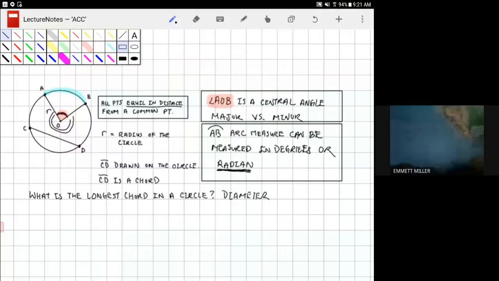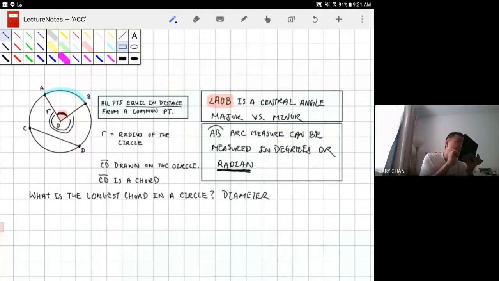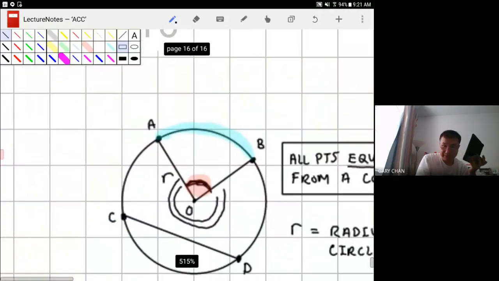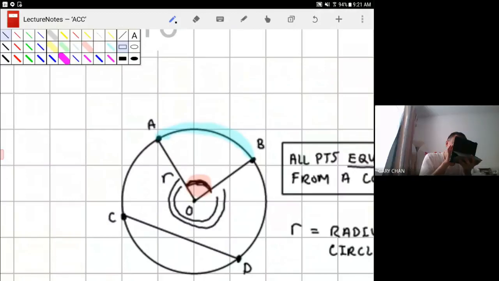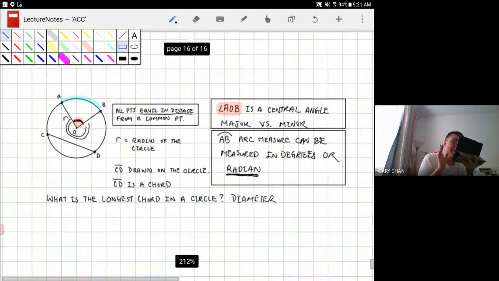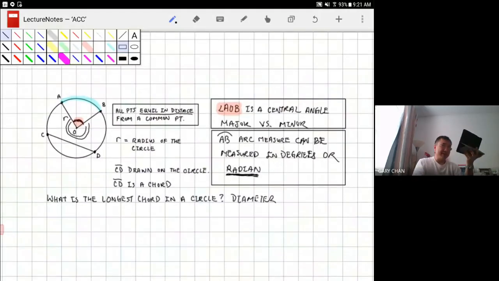What I've highlighted in blue in this diagram, would that be a major arc or a minor arc? That would be a minor because that's a smaller one. So let's go with these two notes for the moment, and we're going to take a look at the exercise right now. Oh, there's one more thing I forgot.